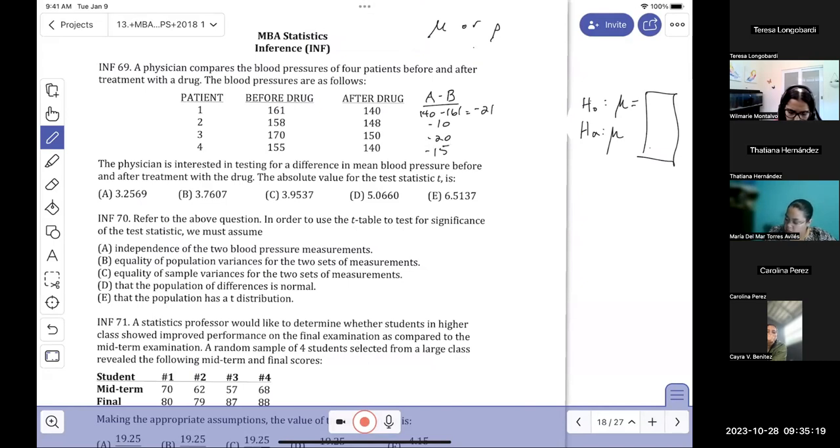Okay, so now that we've done that, we forget about those. We just look here. This is called the difference data. We use the difference data and find the mean of the differences and the standard deviation.